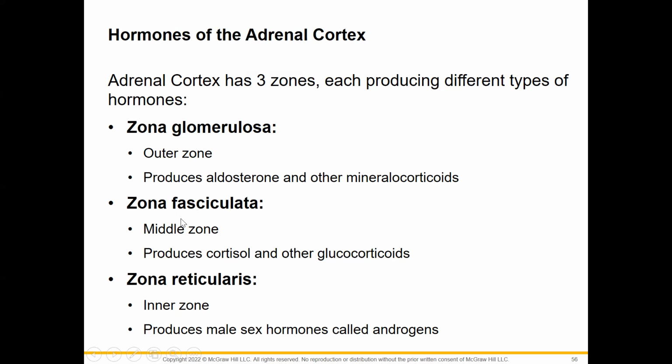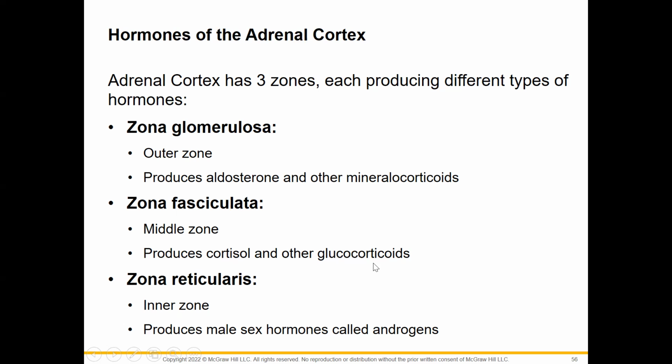The middle layer, or the layer that's just deep to the zona glomerulosa, is the zona fasciculata. It produces your cortisol and other glucocorticoids. Gluco refers to carbohydrates or sugars. All right.